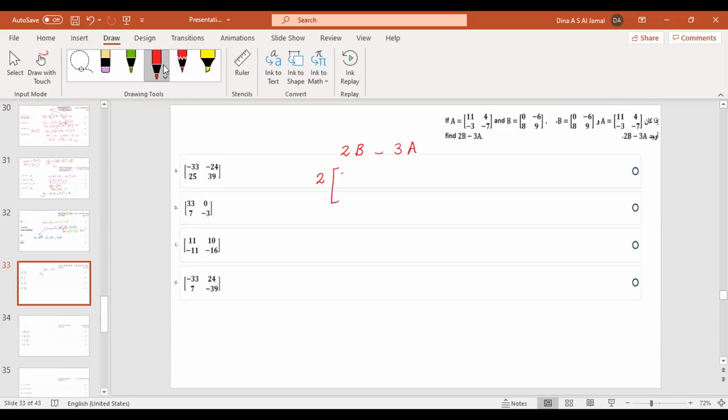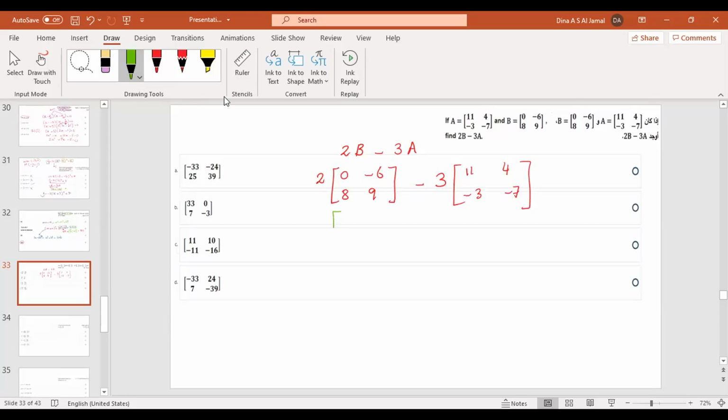So what's B? 0, 8, minus 6, and 9. Then 3A, what's A? 11, 4, minus 3, minus 7. So it's all about scalar multiplication with the subtraction.